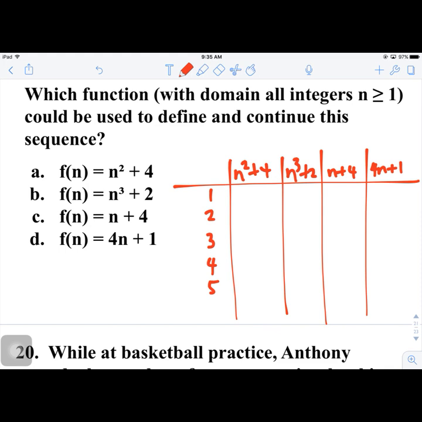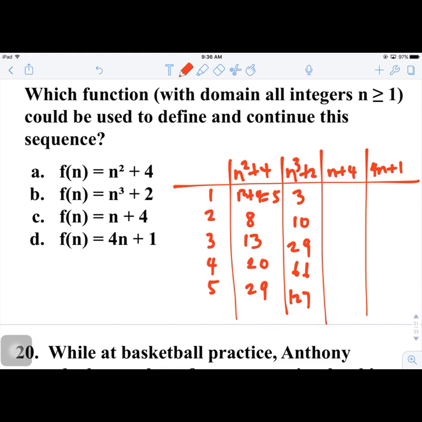And again, we're going to look for the first 5 terms to see which one will produce the sequence that is given. So when n equals 1, we get 1 squared plus 4, which is 5. And continuing the pattern, we will have these 5 terms. And this will be 1 cubed plus 2, that will be 3, 10, 29, 66, and 127.